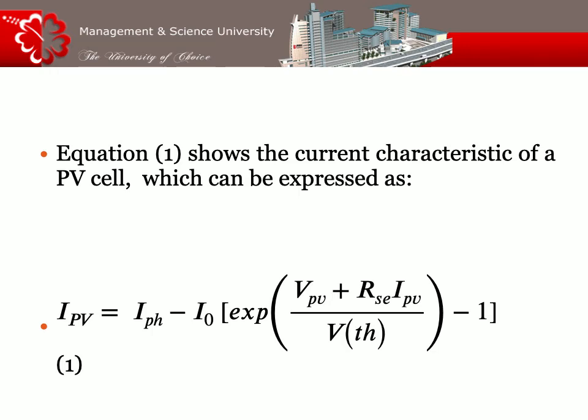Where IPH is the light generated current, IO is the reverse saturation current of the PV array, RSE is of course the series resistance, and VTH is the thermal voltage as well.